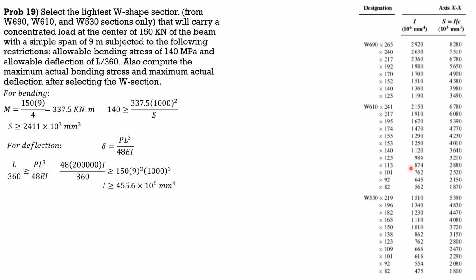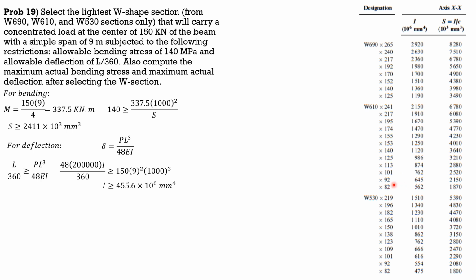So 113 satisfies, section modulus is 2880. 101: 762 is greater than 455.6 times 10 to the 6, so this section satisfies. 2520 is also greater than 2411, so the lightest so far for W610 is W610 by 101. So we reject W690 because 125 is heavier.